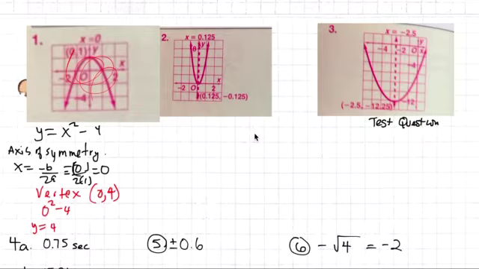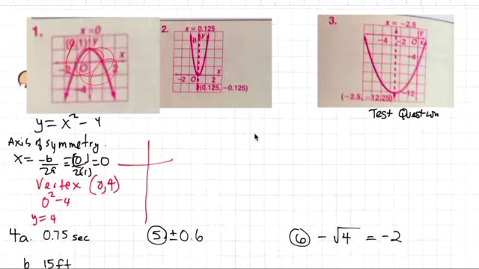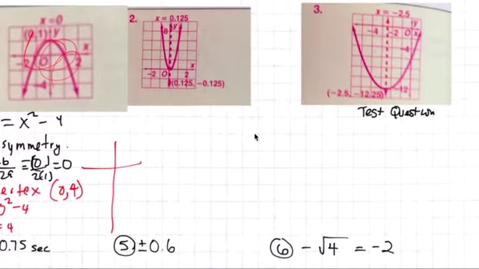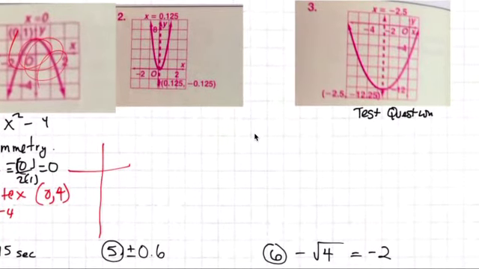So you guys know how to graph the rest. Make a table. There's 2 solutions. You know, that's 2, negative 2, right? But anyways, number 3 is a test question. Make sure you know how to do it.